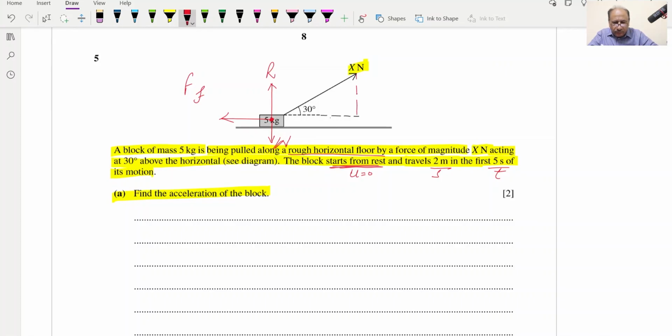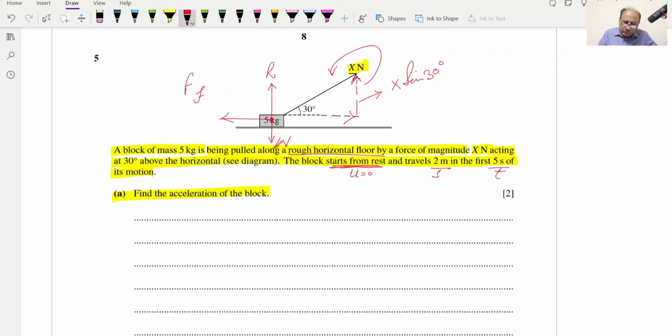This one will be the upward force, X sine of 30 degrees, opposite over hypotenuse, so it is sine theta.